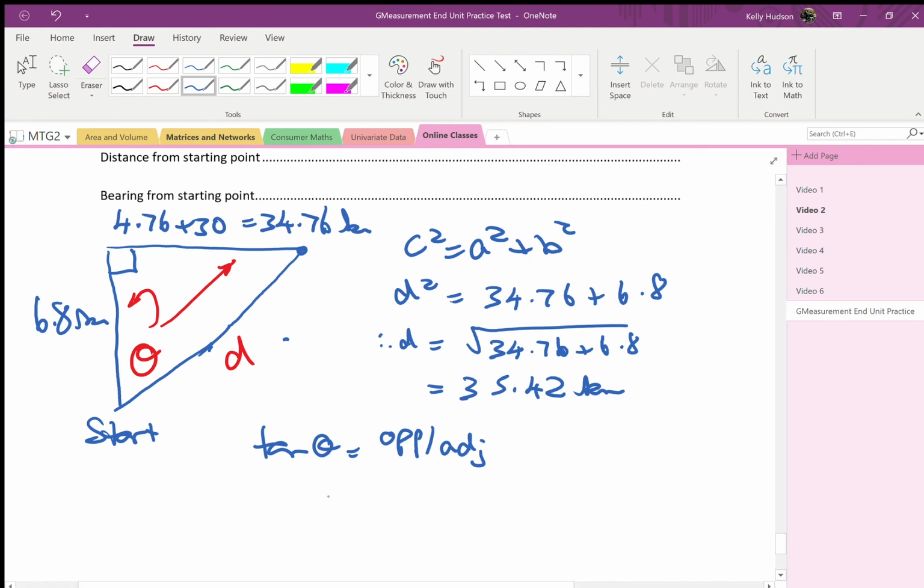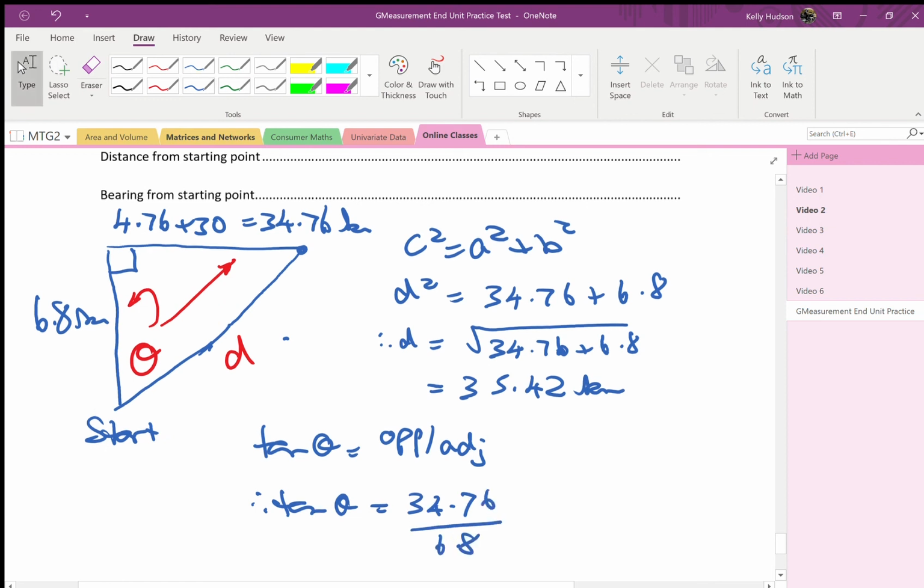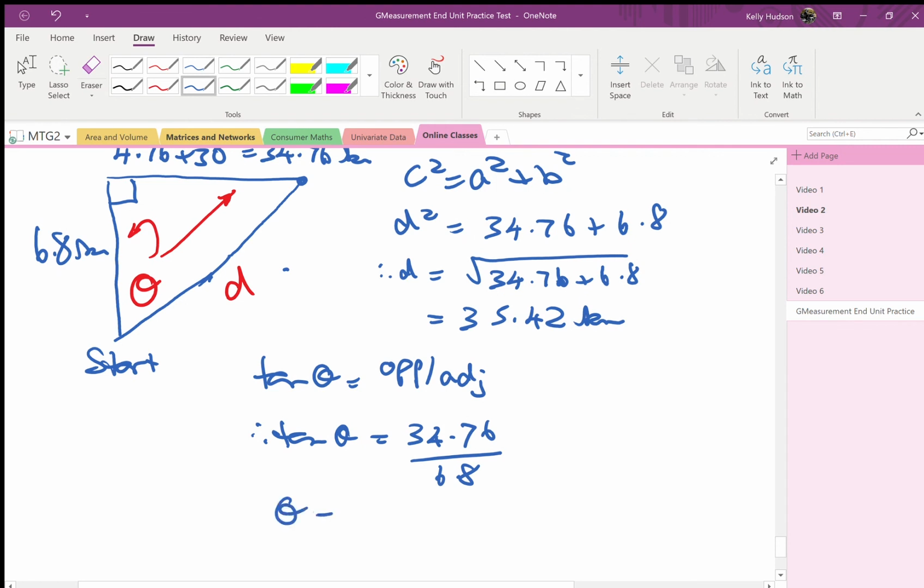I've used that before. So therefore tan theta is opposite 34.76 all divided by 6.8. So my angle is tan to the minus 1, which is my inverse, of 34.76 all divided by 6.8.